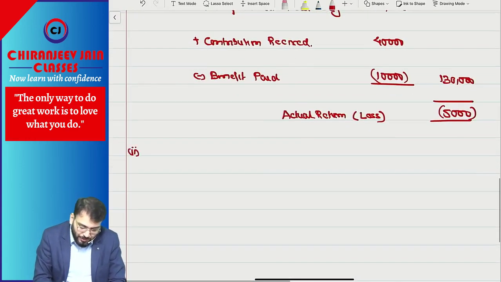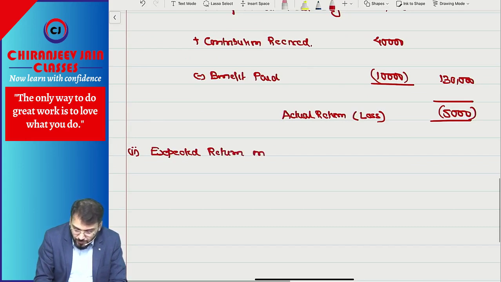Now they have asked you to calculate expected return on plan asset.